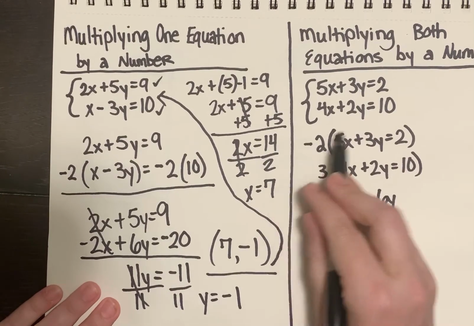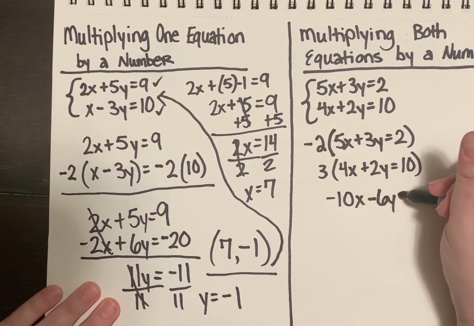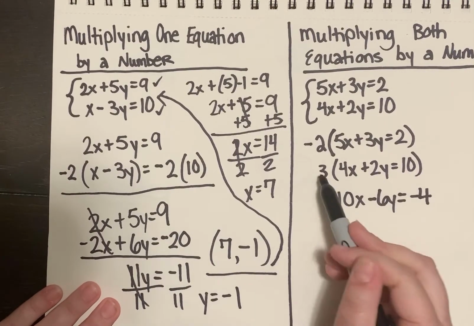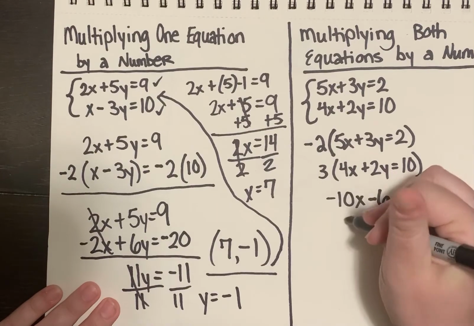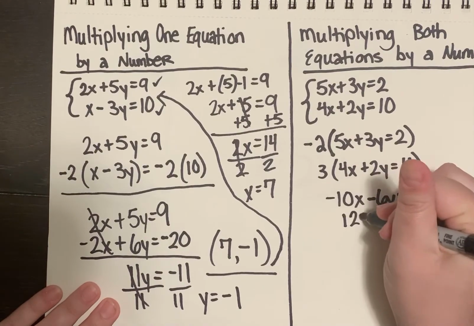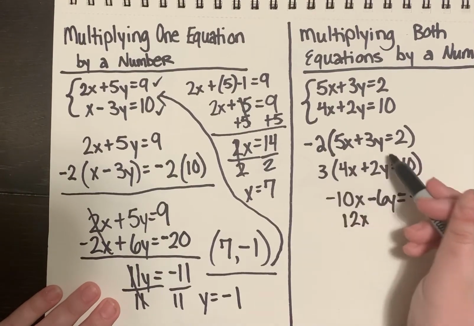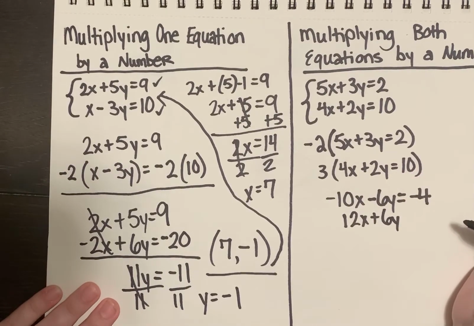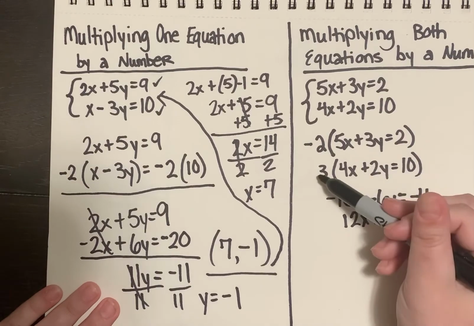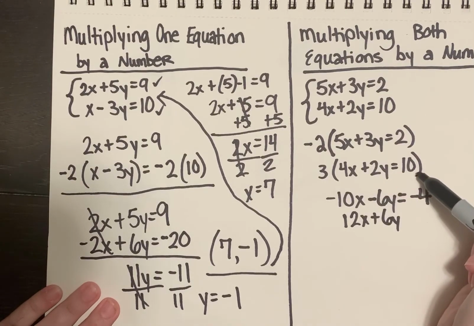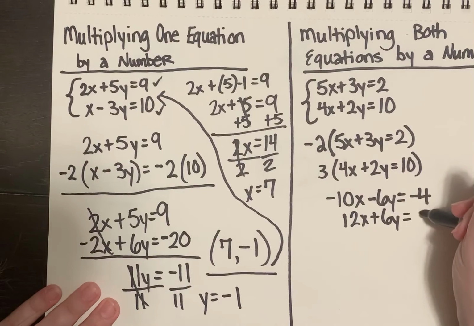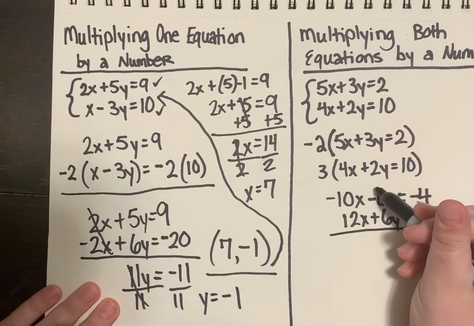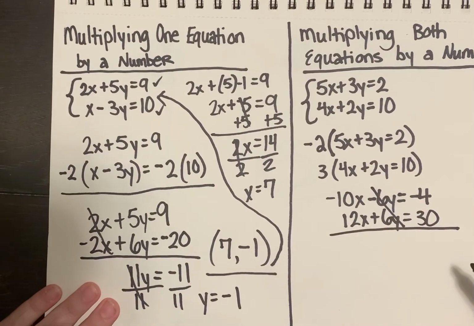And then -2 times 2 is -4. Then 3 times 4x is 12x, 3 times 2y is 6y. See what I did there? And then 3 times 10 gives me 30. So when I work through it, I've eliminated that one.